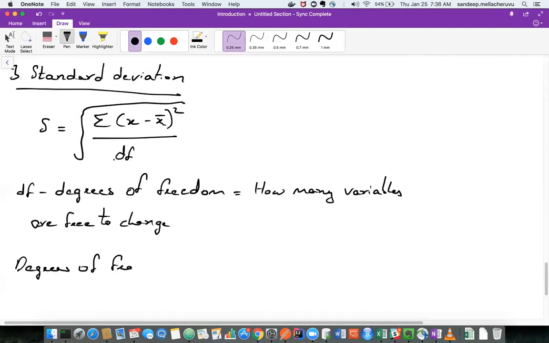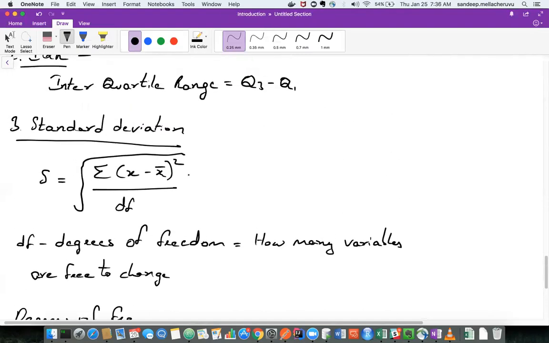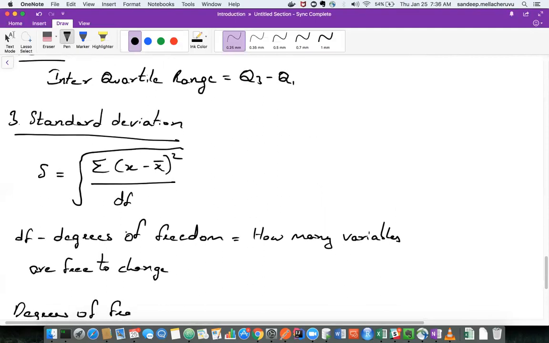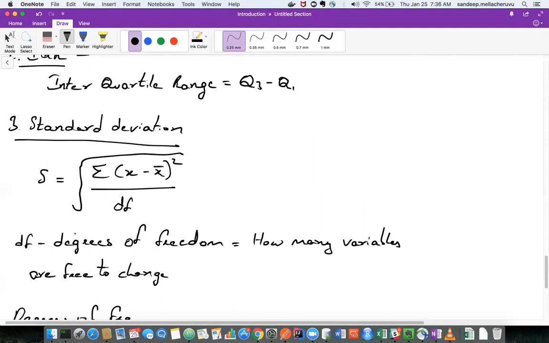Remember that unless we learn degrees of freedom, we cannot do anything like this. You have to divide by degrees of freedom, and I don't know what it is. That's why I started with degrees of freedom. Unless we complete the degrees of freedom, we cannot complete the standard deviation.